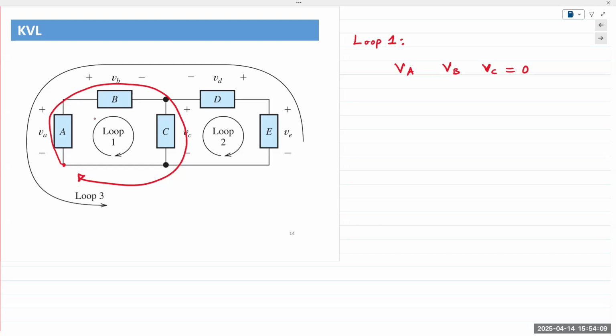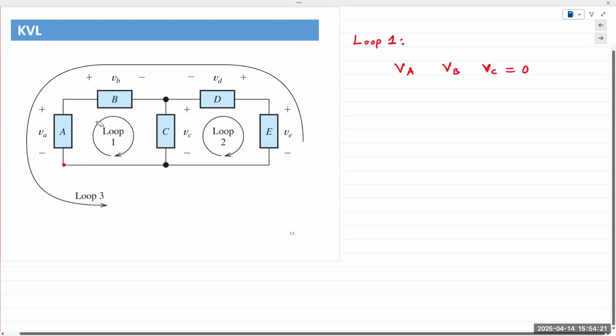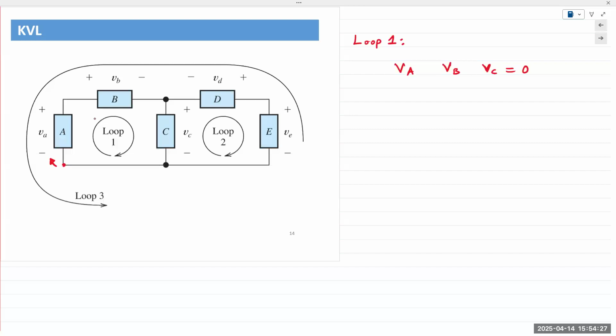It doesn't matter where you start or how you go. Whether you go clockwise or counterclockwise, you will always arrive at the exact same equation. So if I start at the bottom left corner and go clockwise, each of these voltages, VA, VB, and VC, has a polarity.